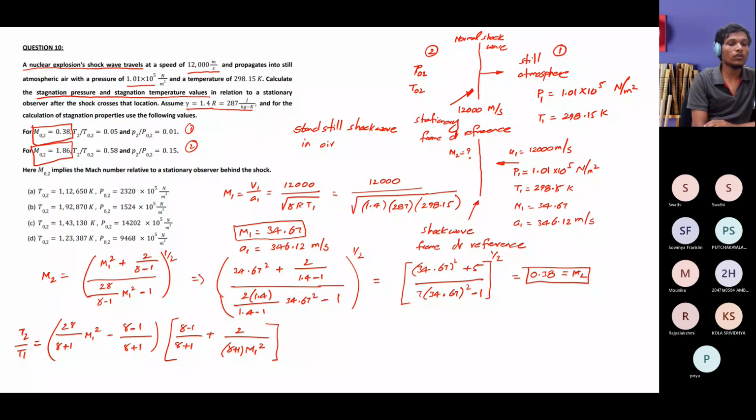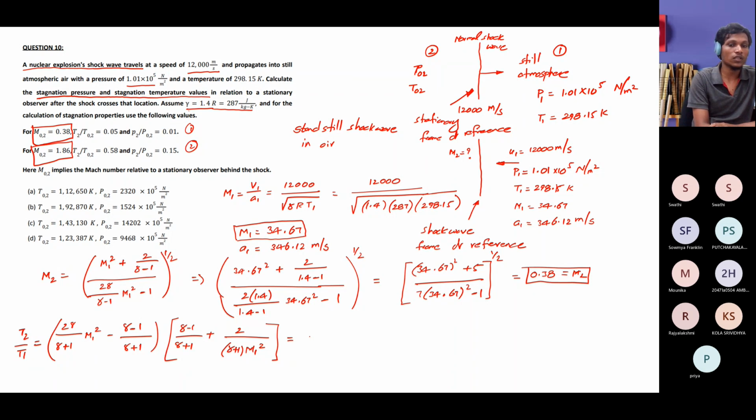This is the relation between the temperatures T1 and T2 ahead of and behind the normal shockwave. The only parameter on the right-hand side is the Mach number ahead of the shockwave, M1. So let's substitute all the remaining values.